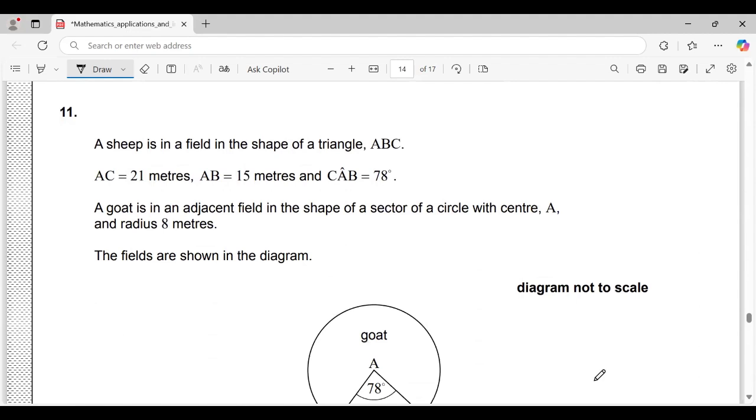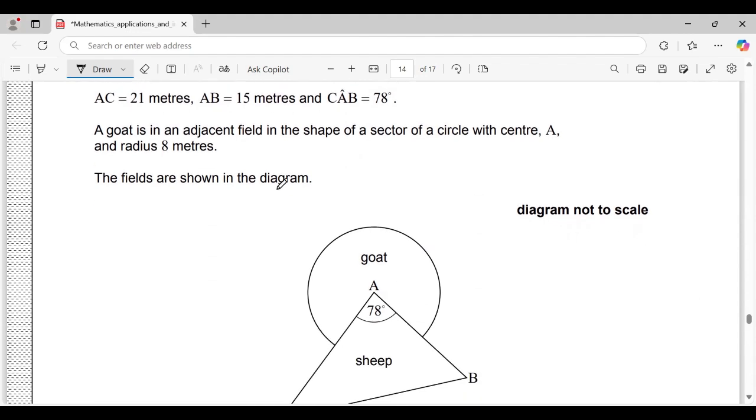A sheep's field is in the shape of triangle ABC, AC 21 meters, AB 15 meters, and angle CAB 78 degrees. A goat is in an adjacent field in the shape of a sector of a circle with center A. So this is the goat's area, and radius 8 meters.